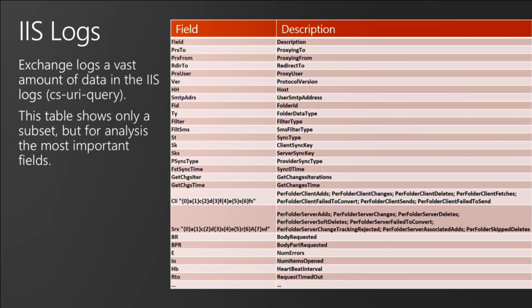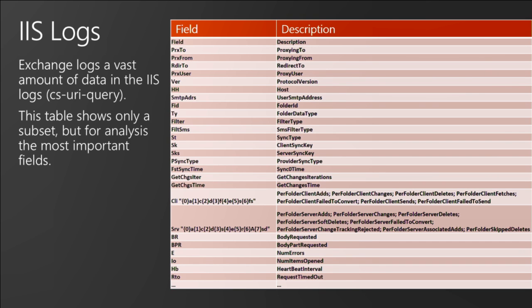But overall, what can be logged in the IIS logs? It's a vast amount of information. This is only a subset; you will see the three dots over there. It's hardly defined, and you can't find any real resources there.